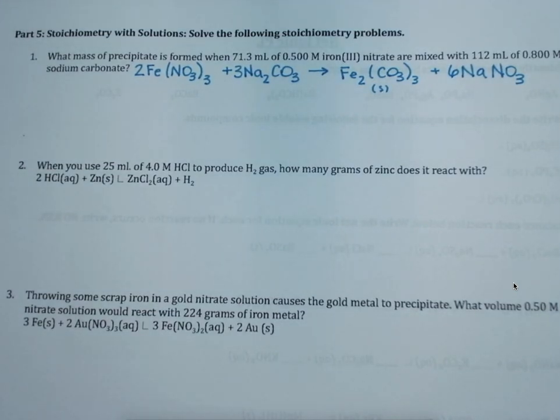So now that I have my balanced equation, we're going to have to find the moles. But the way we find moles in a solution scenario is different because I don't have any mass, I don't have volumes of gases, I don't have molecules, right? I'm given a volume and a concentration.